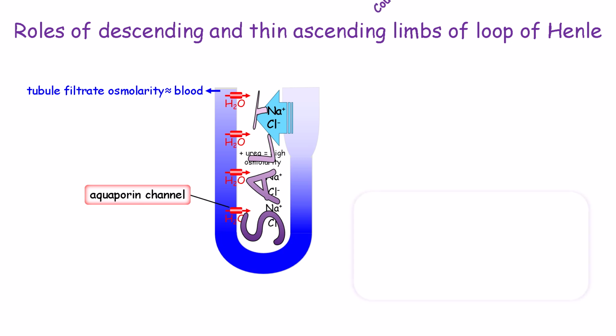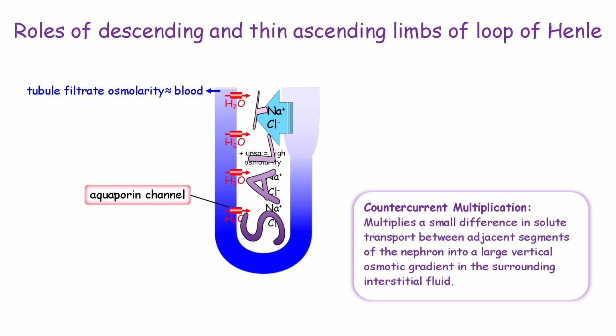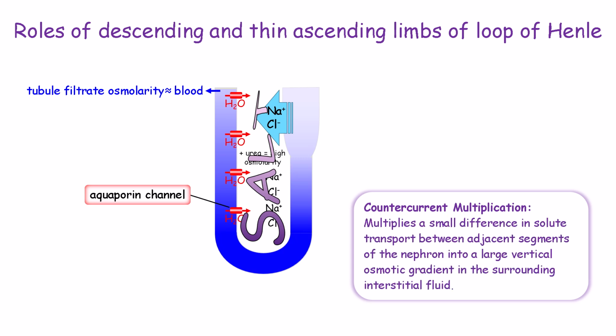This is the essence of countercurrent multiplication, where a small difference in solute transport between adjacent nephron segments is amplified into a steep vertical osmotic gradient in the renal medulla.